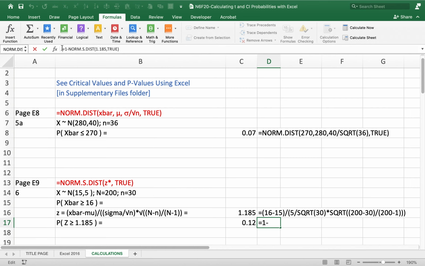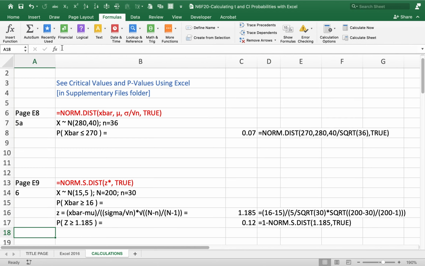So that's the first part of Unit E. It was using the normal distribution function, so we're using Z, but we were talking about X bars, and then we added the finite population correction factor, so I did that in 2 steps. Now we're going to jump over to the T distribution.